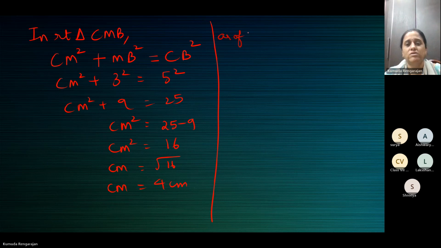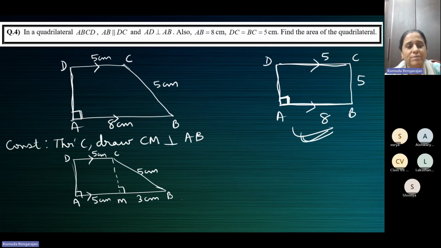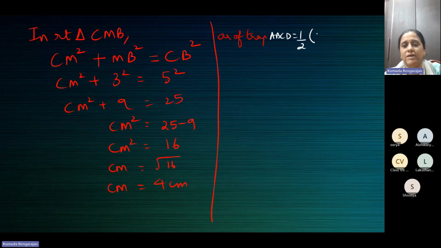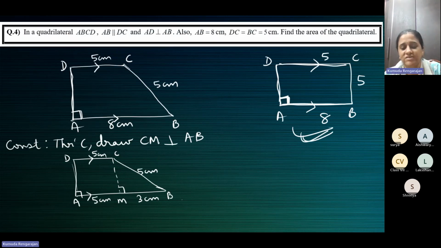Area of trapezium ABCD is equal to half into sum of the parallel sides, AB plus CD, into the distance between them, CM.